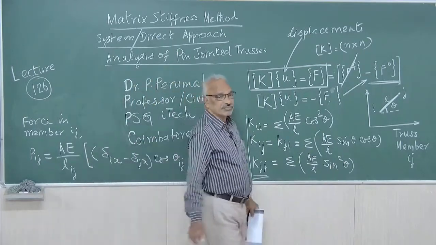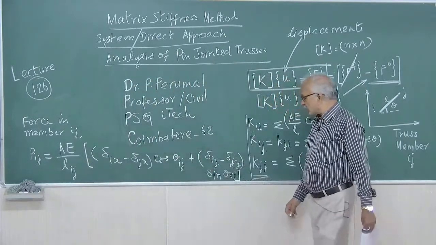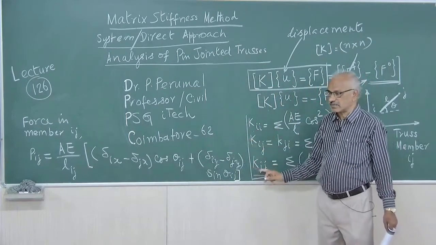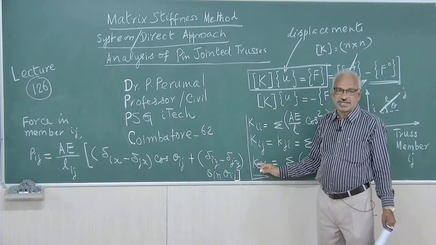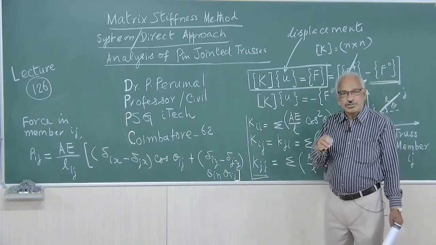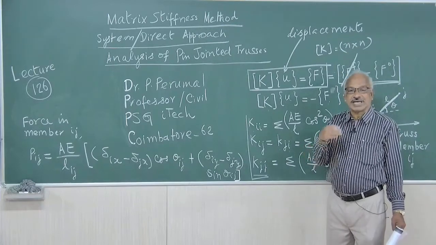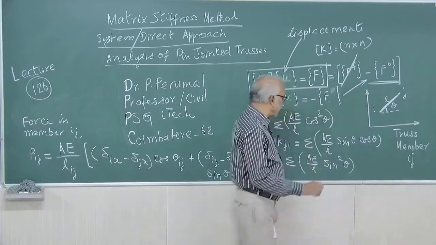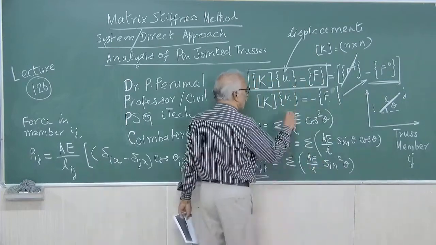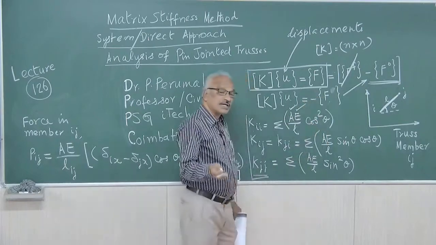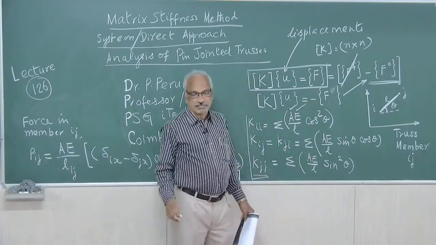Now, this is very important because for calculating the stiffness coefficients, we are going to make use of these derived formulas. When we do the calculations using the tabular form, we need one column for area and one column for Young's modulus if they are different for different members.